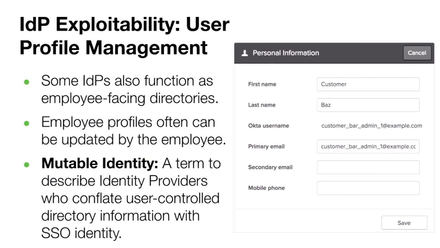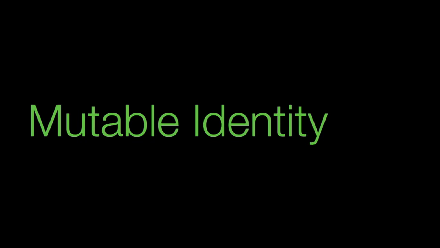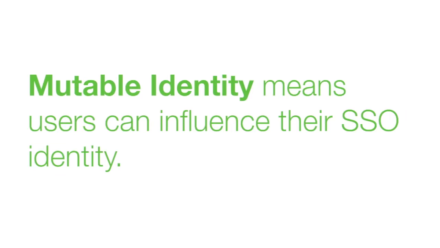In other words, if an identity provider allows a user to edit the data that they later use for SSO identity, they may have some influence over how they're identified. To describe this particular scenario, I'll use the term mutable identity to describe user profiles that exhibit this behavior. In fact, I think mutable identities are an interesting enough concept that it's worth digging into more, as it can be its own vulnerability class.